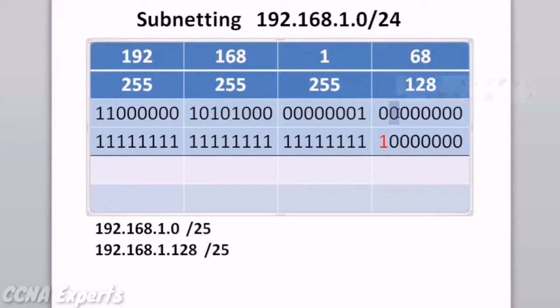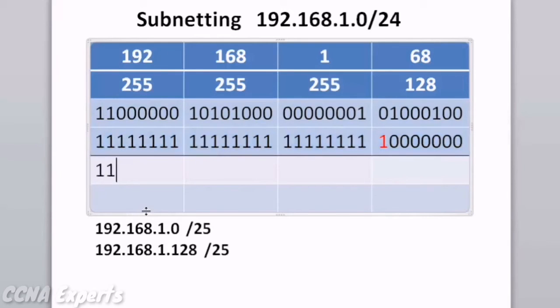So now we've got host 192.168.1.68. This needs to be a 1, that's the 64, and then we need to add the 4 bit here. So now we have 68. If we logically AND the IP address here with our new /25 subnet mask, let's see the result.